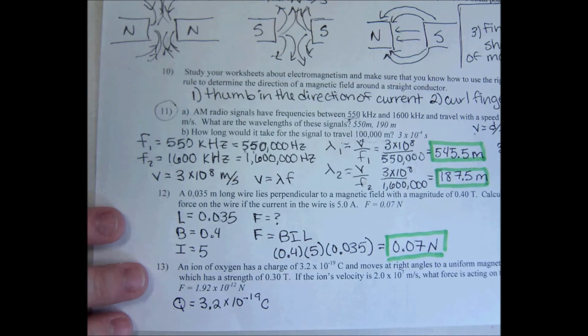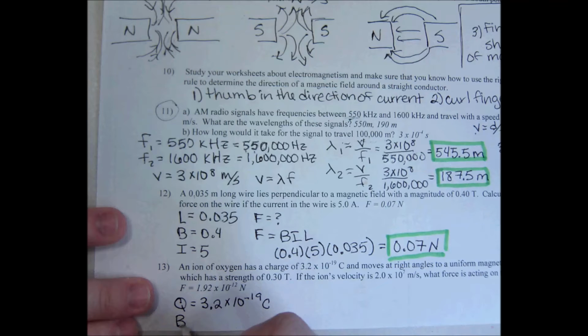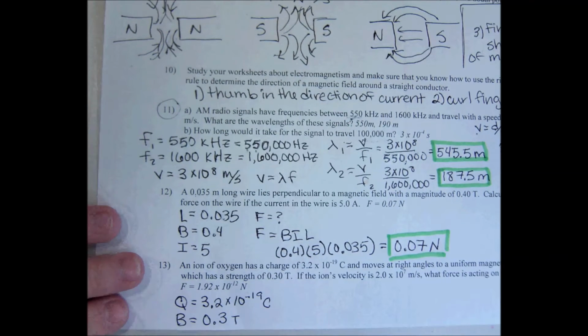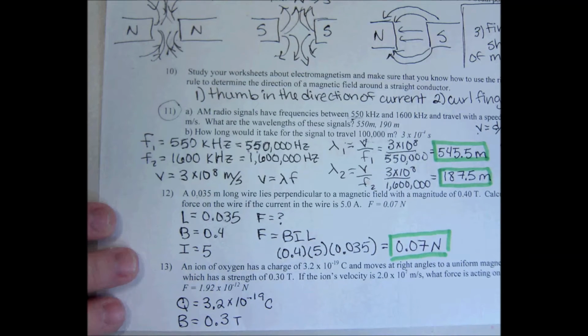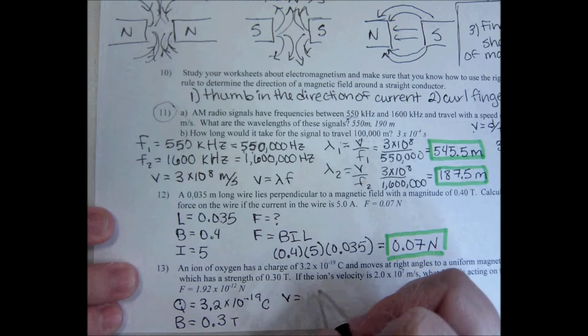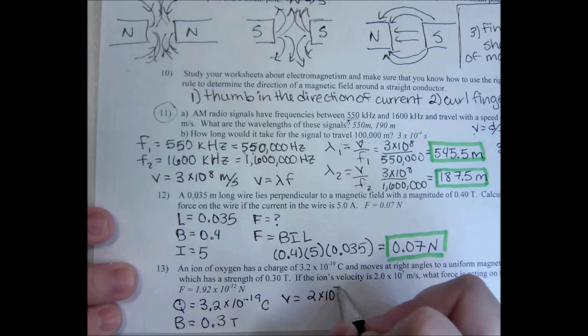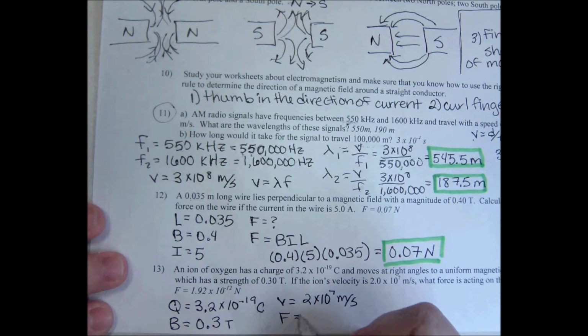And it moves at a right angle to a magnetic field, which has a strength of 0.3 Tesla. So that's B is 0.3 Tesla. If the ion's velocity is 2 times 10 to the 7th meters per second, what is the force acting on the ion? So V is 2 times 10 to the 7th. That is very fast. And we're looking for F.